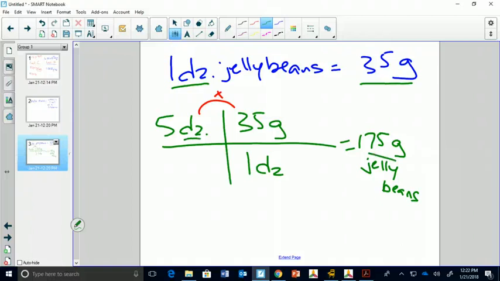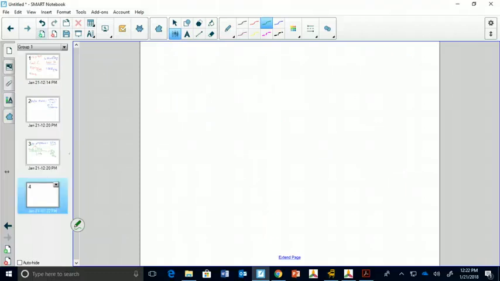So if you measured out 175 grams of jelly beans on your scale, you would know that this is 5 dozen jelly beans. So we do the same thing when we're using molar mass to convert from an amount of an element to how much that amount actually weighs.